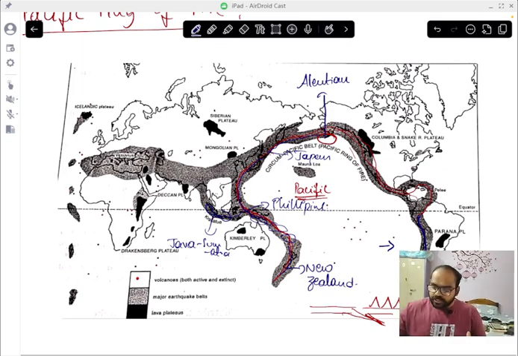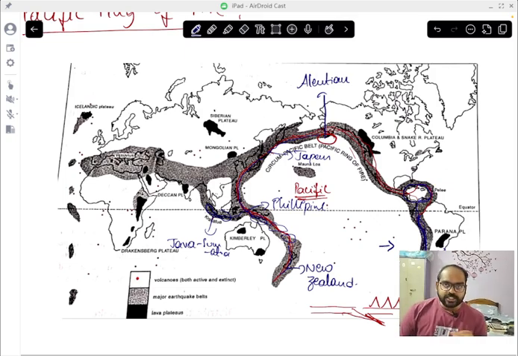Due to the convergence, the sediments in the ocean formed into a series of folded mountains, which are volcanic in nature, and they are called the Andes. They are present along the Peru-Chile coast. So this belt extends from the Andes into Central America.